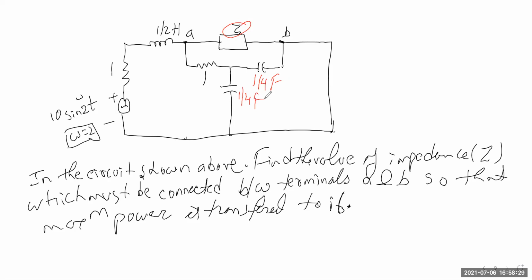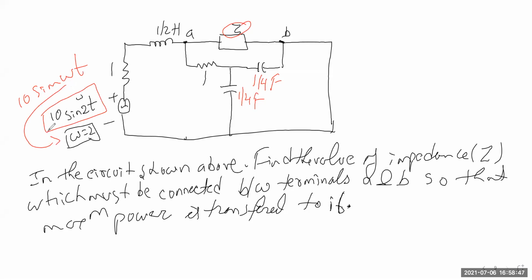We'll see in the next class how we could utilize this. This is your 10 sine omega t, where omega value is your 2. That's why it is written. Okay, 10 sine 2t.